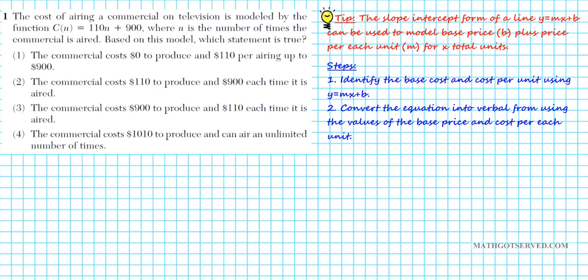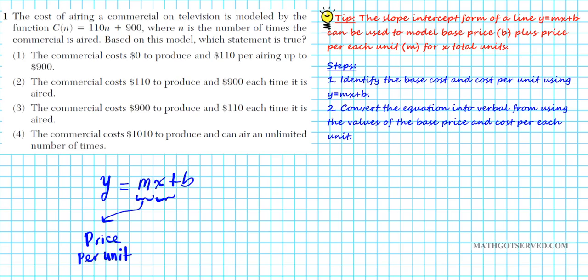Now, let's write down the slope-intercept form for the equation of a line that you're familiar with, y equals mx plus b. When using this model to model costs, when you have a base price and a price per unit, m, which you know as a slope, is the price per unit, or price for each unit.